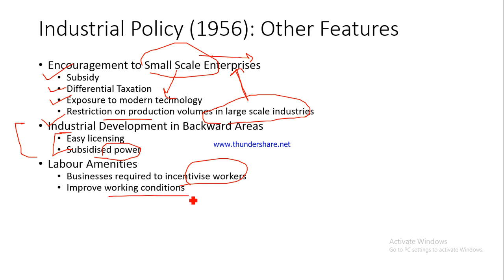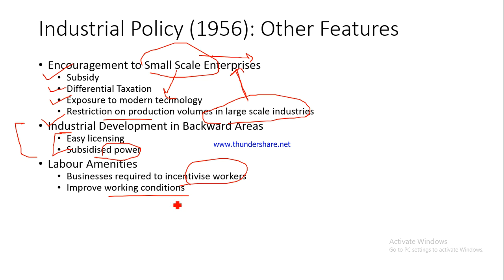For example, the kind of environment in which they work. For example, if there is a lot of noise because of machines, how can the industrial unit improve the working condition? By providing earplugs to the workers. If there is a lot of humidity, then they can probably install dehumidifiers which reduce the humidity in a particular space, in a particular room, in a particular area.